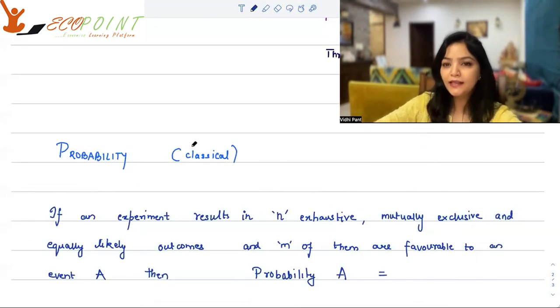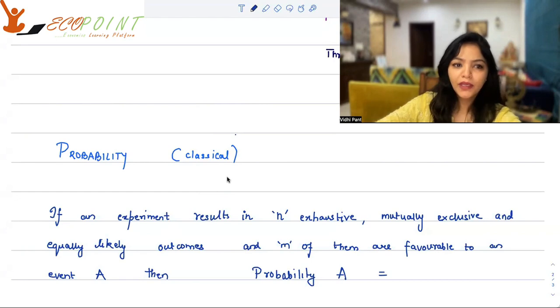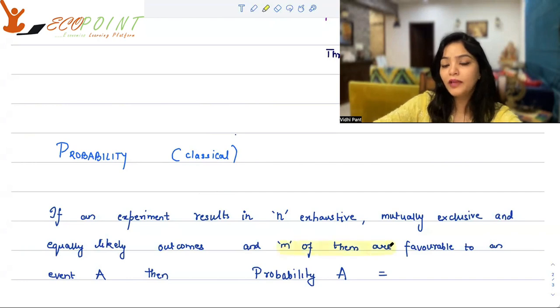With all this in our mind, let's define what probability is all about. A probability for any event in classical terms: if an experiment results in n exhaustive, mutually exclusive, and equally likely outcomes, and m of them are favorable to an event A, then we can, in this scenario, define the probability or chances of A occurring.